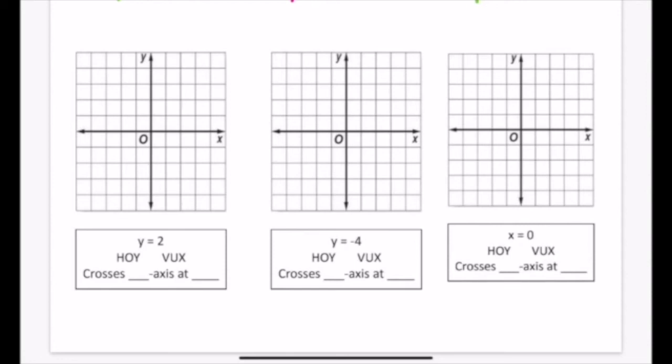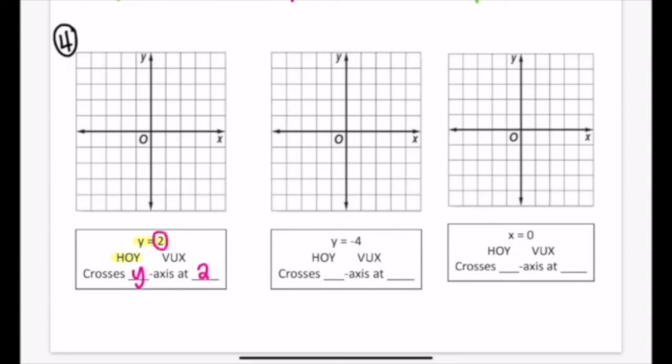Okay, example 4. We have y equals 2. Y should make us think HOY, so that's going to be a horizontal line with a 0 slope that crosses the y-axis. Crosses the y-axis at 2.